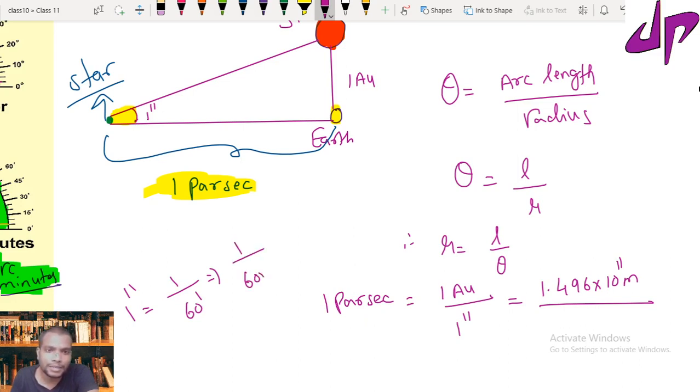So I can write 60 times 60 degrees, which equals 1 over 3600 degrees. We can convert degrees to radians, which is pi by 180 radians.